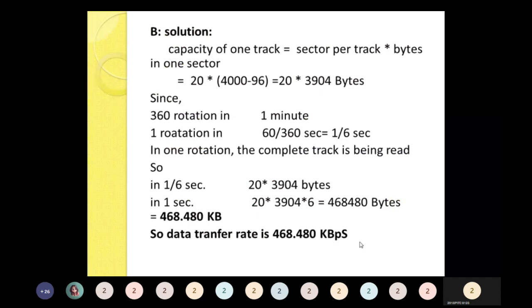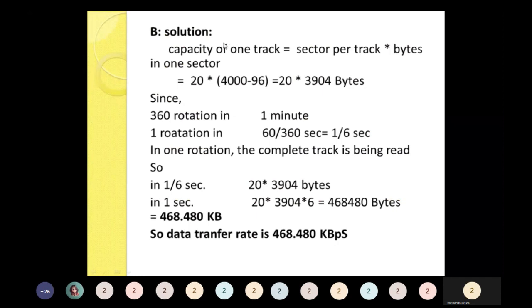So the amount of data transferred in a given time we have to calculate, for example in MB or KB per second.